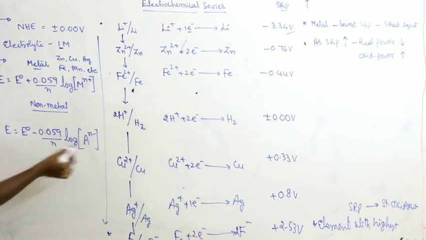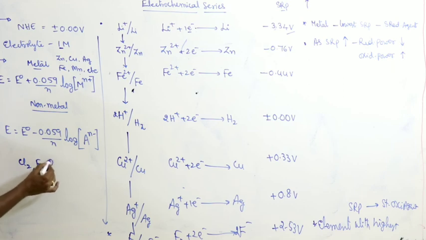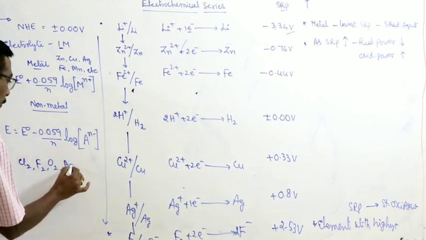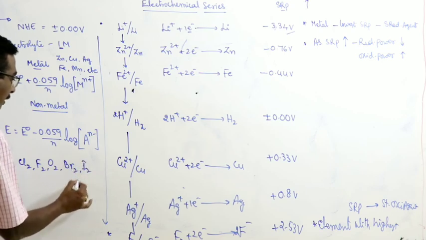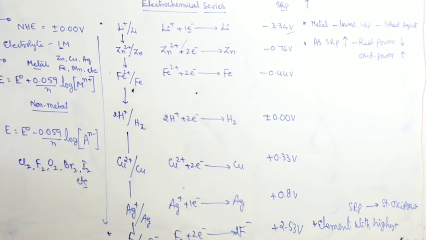Here these are non-metals, means chlorine, fluorine, oxygen, bromine, iodine, etc. For the non-metal electrodes, you have to use this one. That is also reduction potentials only. You have to consider only the reduction potentials.